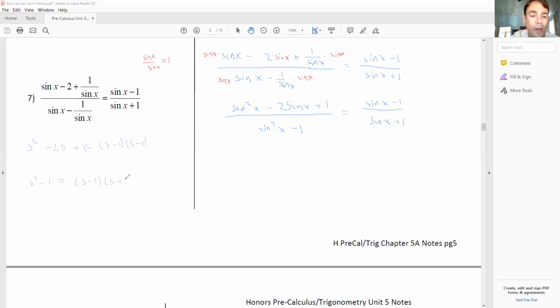So when I come back into my trig proof over here, I know kind of what I'm looking at. So this is sine x minus 1. On top I have a perfect squared trinomial, and in my denominator, I have the difference of squares.